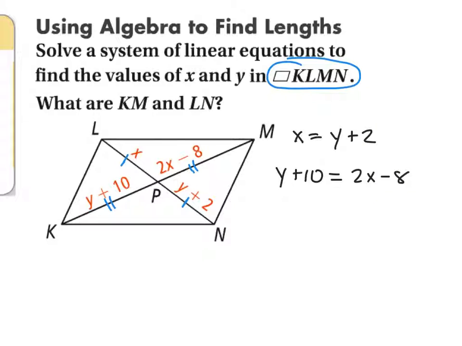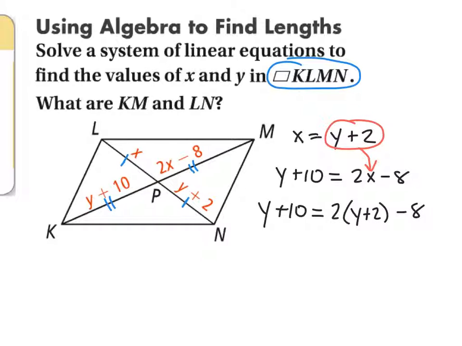Okay? And what we're going to do here is use a process called substitution. I don't know what x equals exactly, but I do know that x equals y plus 2. And so I'm going to take y plus 2 and substitute it in for x in the second equation. And so I get y plus 10 equals 2 times (y plus 2) minus 8.